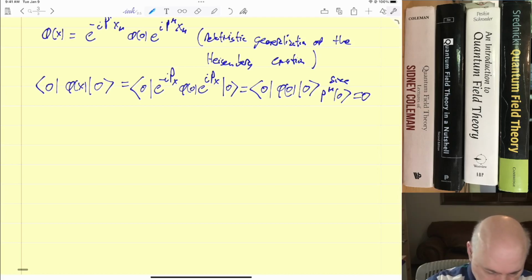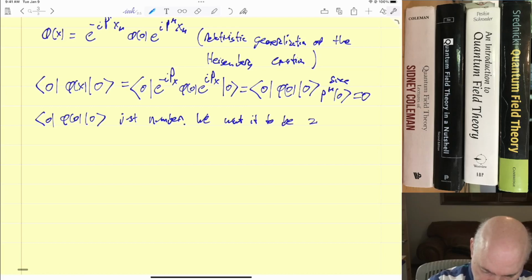So now this number, <0|phi(0)|0>, is just a Lorentz invariant number, and we want it to be 0.